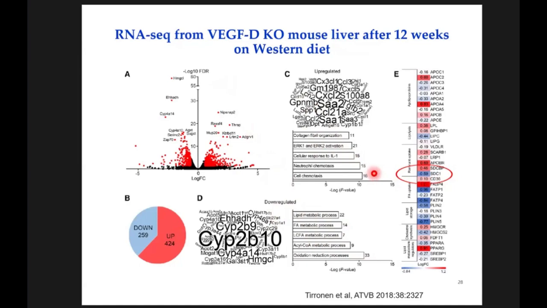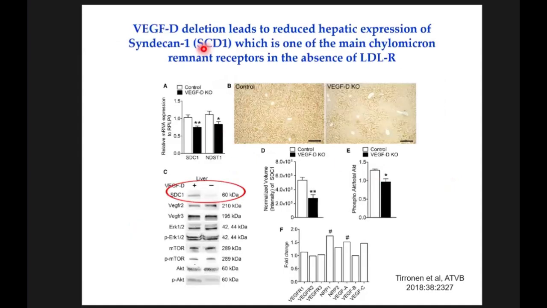And syndecan is actually the most important receptor for chylomicrons or chylomicron remnants in the liver in the absence of LDL receptor. And what we saw here in black bars, that syndecan and also its neighboring helping receptor were clearly downregulated, and also that happened in the protein level. And also the immunostaining of syndecan in controls and knockout mice was clearly reduced.